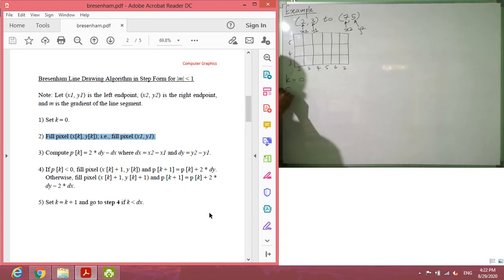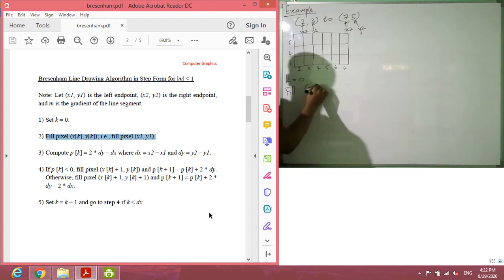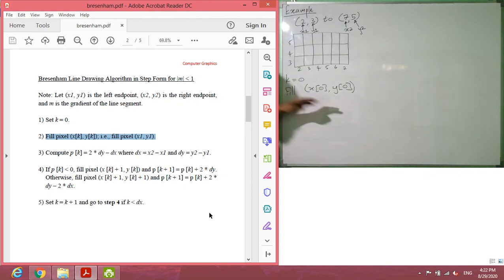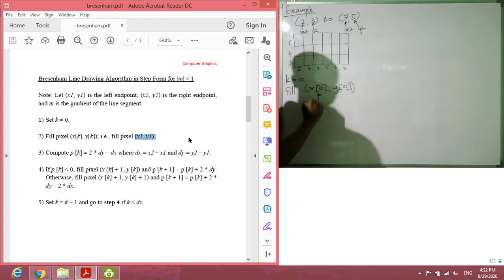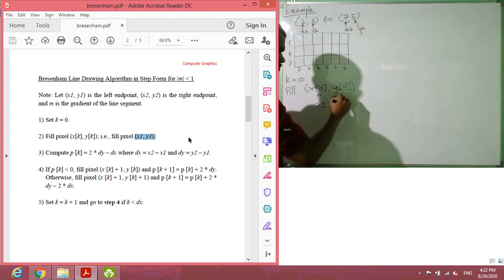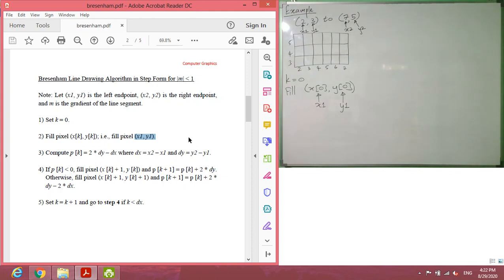We have to fill the pixel x0, y0. This pixel you have to fill, that is, you have to fill x1 comma y1. In other words, this means our x1, y1, 2 comma 3.